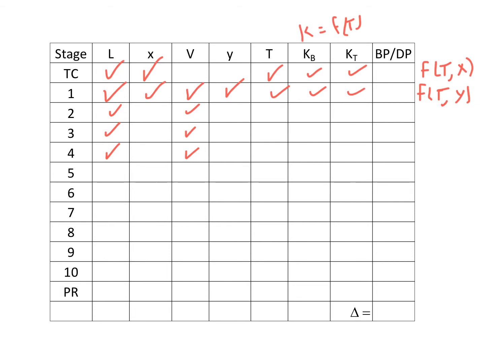For the next stage, we can't calculate y using a mole balance around stage 2 because we don't know the composition of the liquid in stage 2. We don't know the composition of the vapor coming into stage 2, so there's too much we don't know in order to calculate the Y value for stage 2. But we can do a benzene material balance around stage 1.